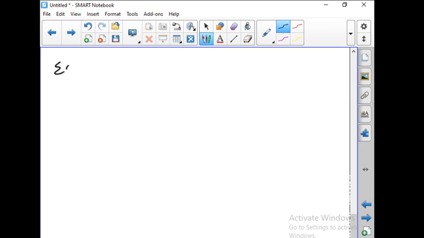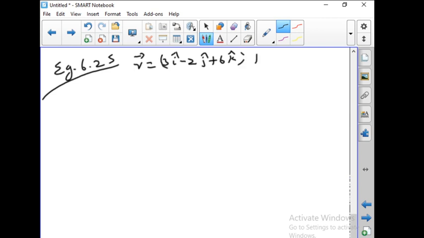Example 6.25. The vector equation in parametric form of a line is r vector is equal to 3i cap minus 2j cap plus 6k cap plus t into 2i cap minus j cap plus 3k cap.